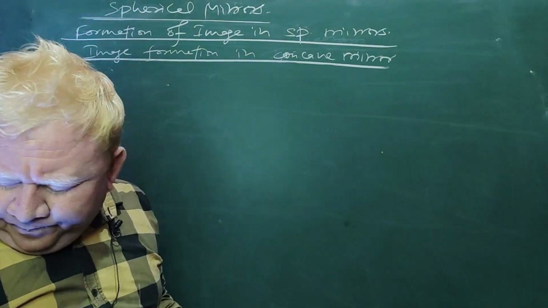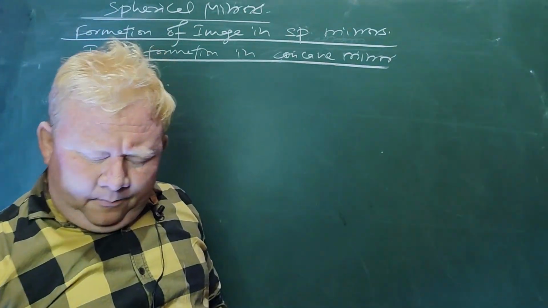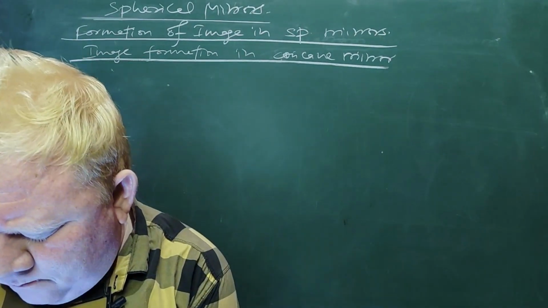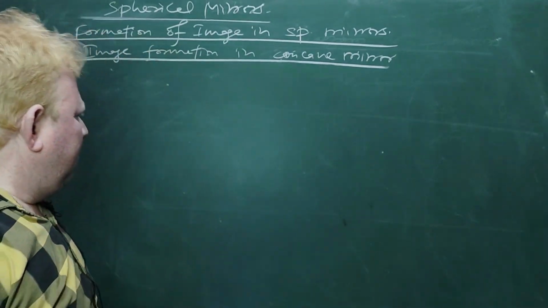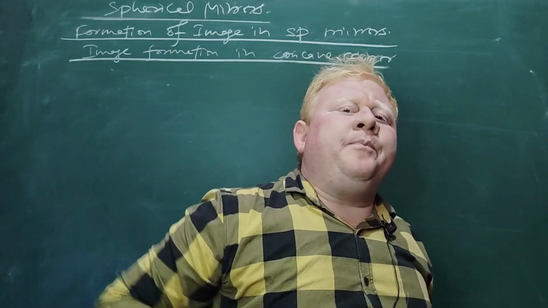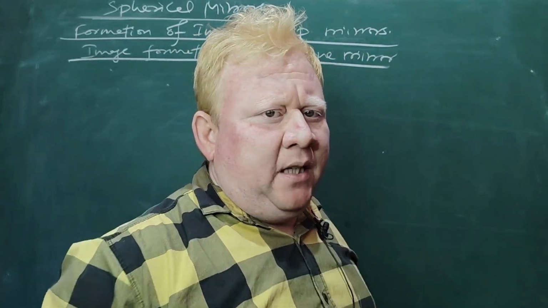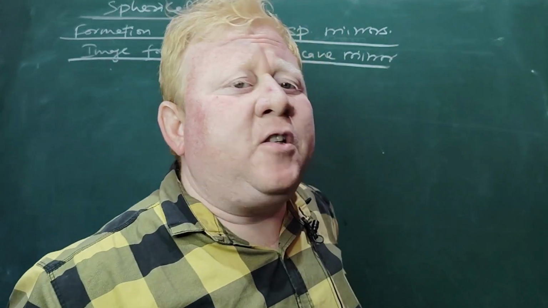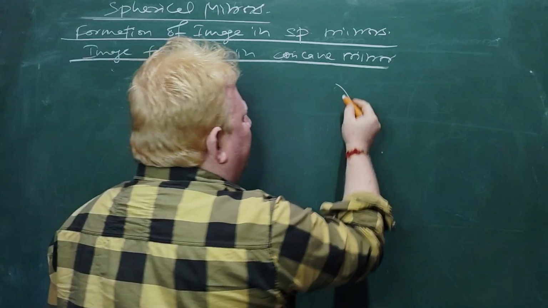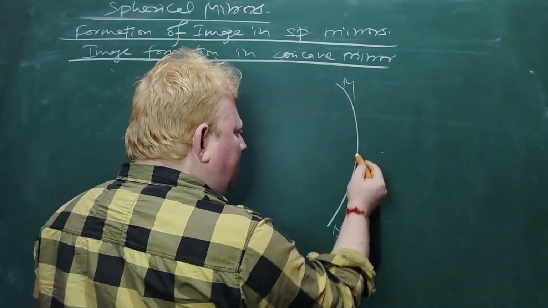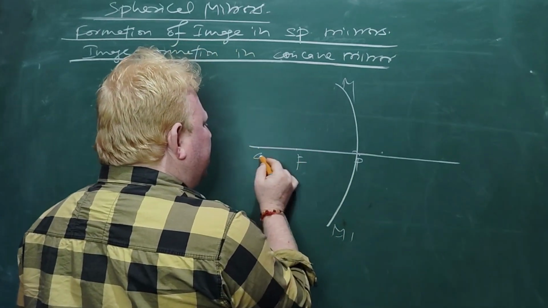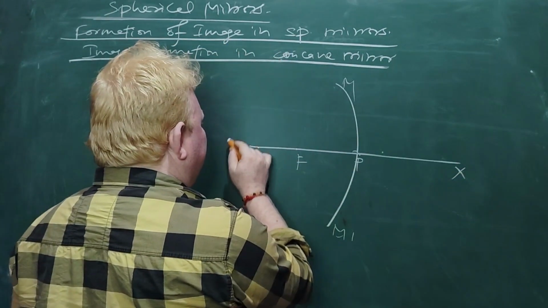Actually, the nature of image formed by a spherical mirror depends upon the position of the object placed in front of the mirror. Let us suppose this is the mirror, whose pole is P, this is the focus, and this is the center of curvature. Of course this is the principal axis X X dash.